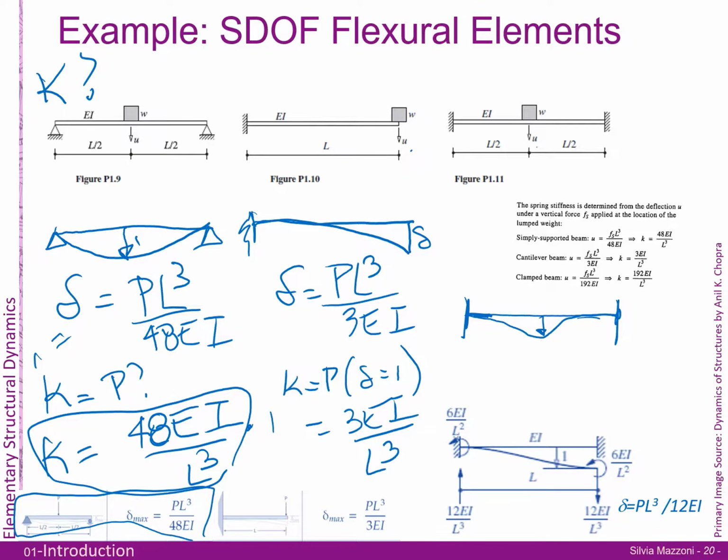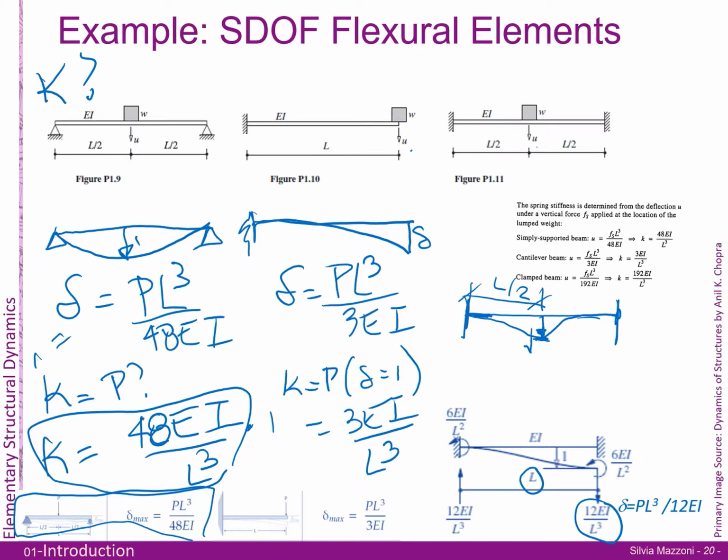Well, this guy here, where the slope is 0, is really half of this beam. Okay? And I know that the force it requires to push it down is equal to 12 EI over L cubed. Okay? But this is L, and here this is actually L over 2.